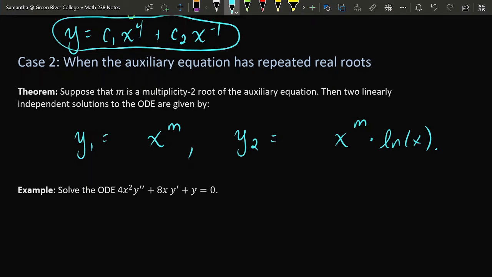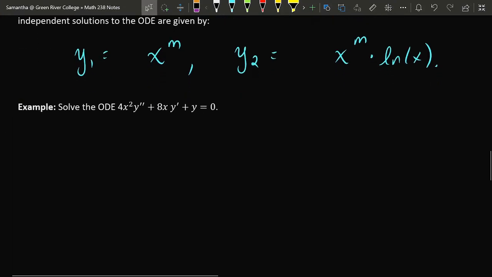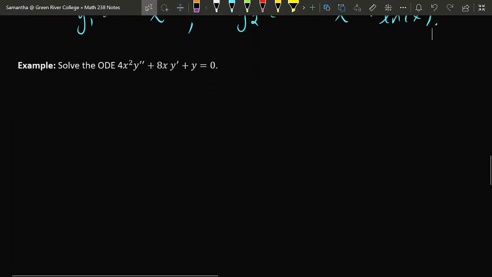If your m is repeated twice, the second solution can be found by just multiplying by natural log. So for example, let's solve the ODE where we have 4x squared y double prime plus 8xy prime plus y equals 0.